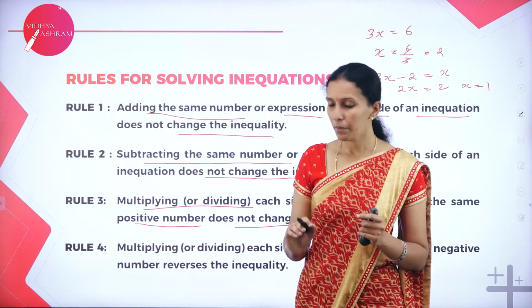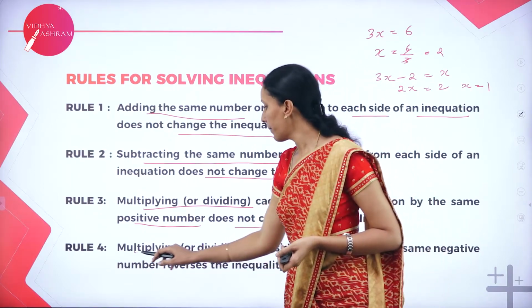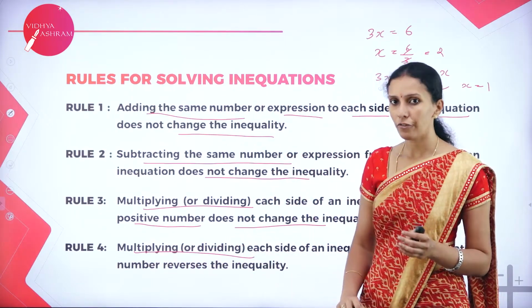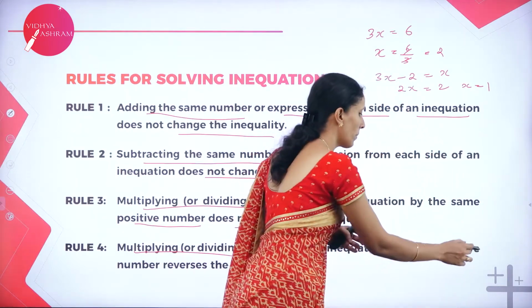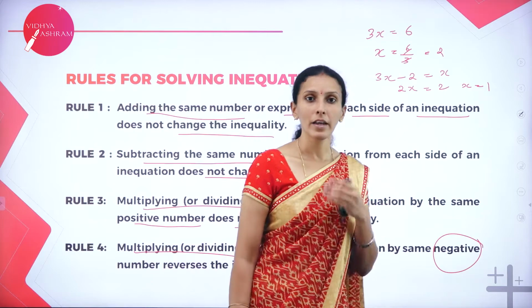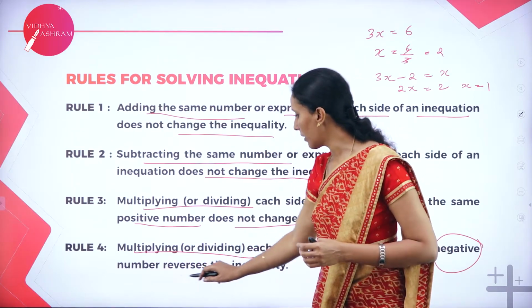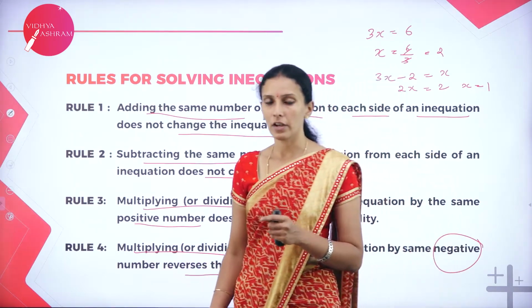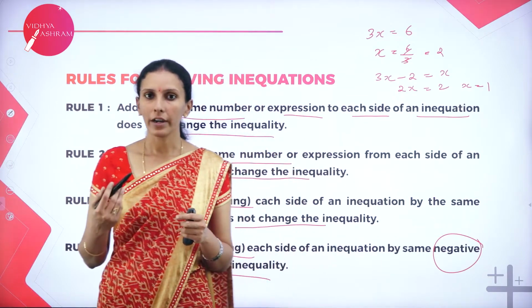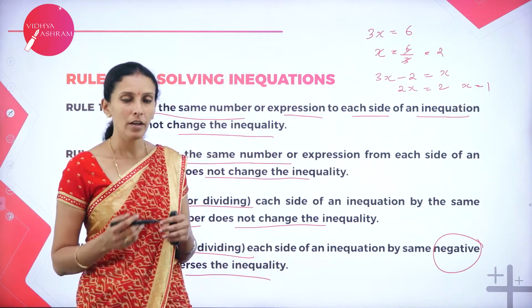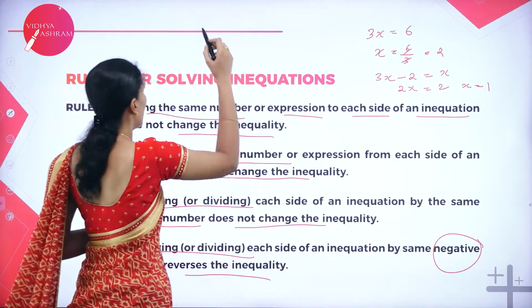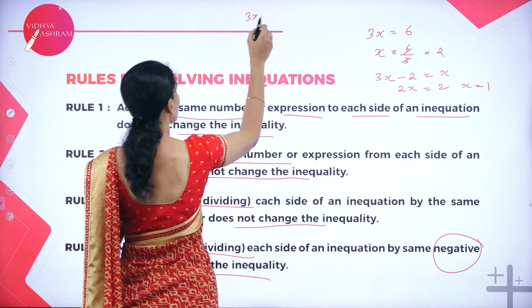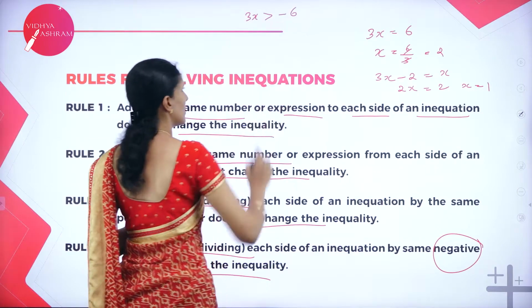Next, the very important rule here is multiplying or dividing each side of the inequality by a negative number. So remember this negative number, it reverses the inequality. When you are multiplying or dividing by the negative number, you should change the sign of inequality.